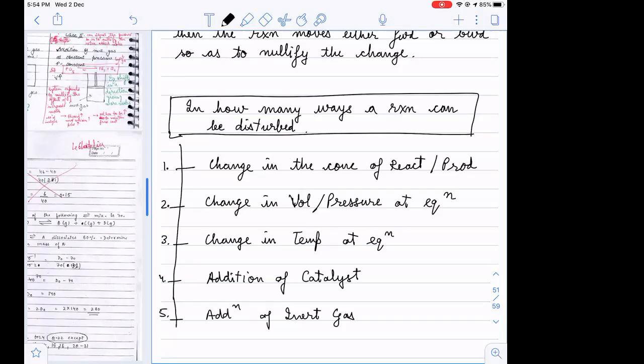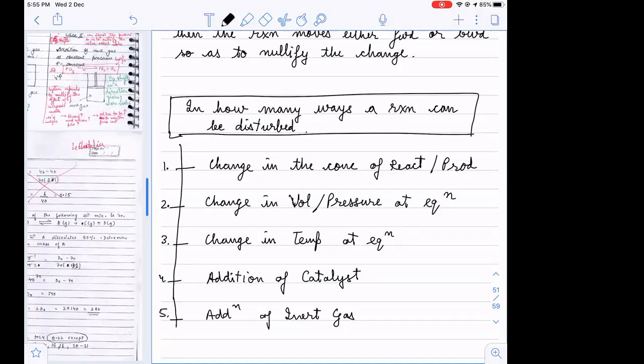Come on, answer me. Yes, sir. Okay, the value of Kc will change. So two of them, Daksh and Niranjan, are saying that the value of Kc will change if the concentration of reactant and product is changed. Nikhil and Charan, you are left. Please answer. Yes, sir, it'll change. Okay, Nikhil.